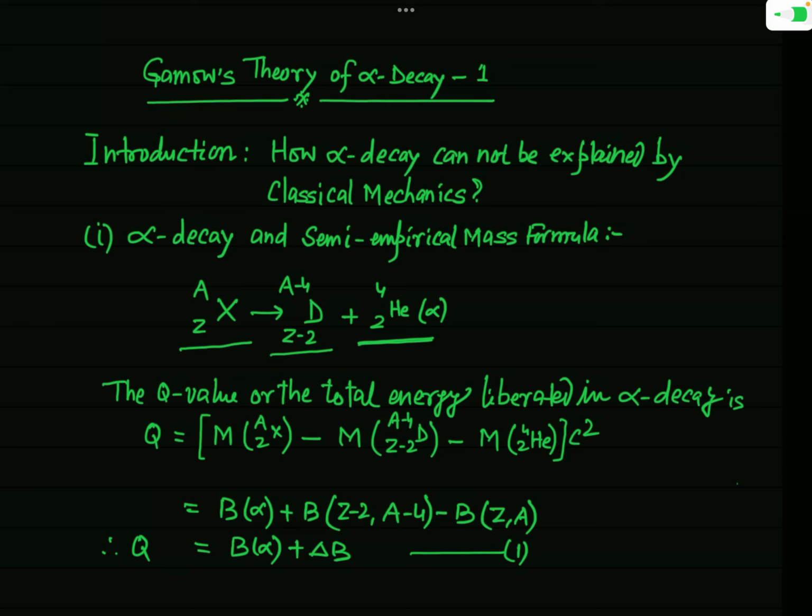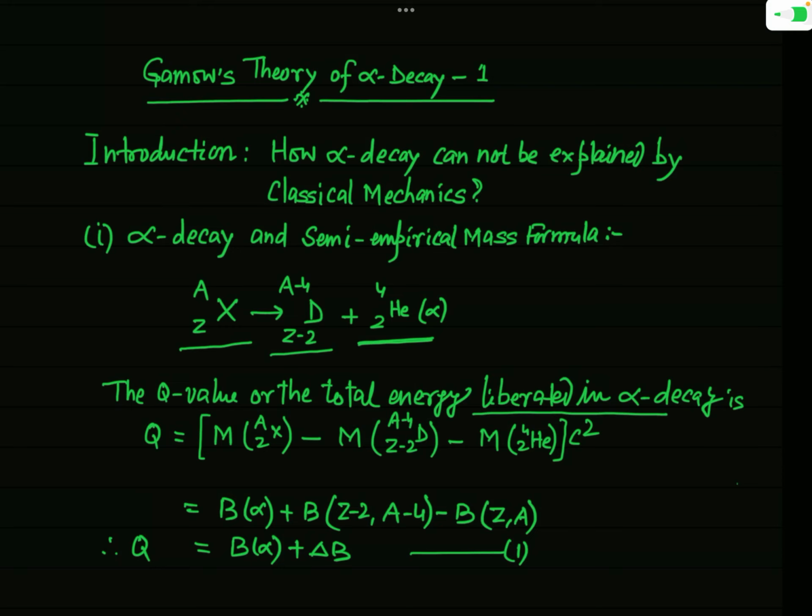Now the Q value of the alpha decay process, or you can say the total energy which is liberated in this alpha decay process, is simply equal to the mass energy equivalence of the difference of the mass of the parent nucleus and the products.